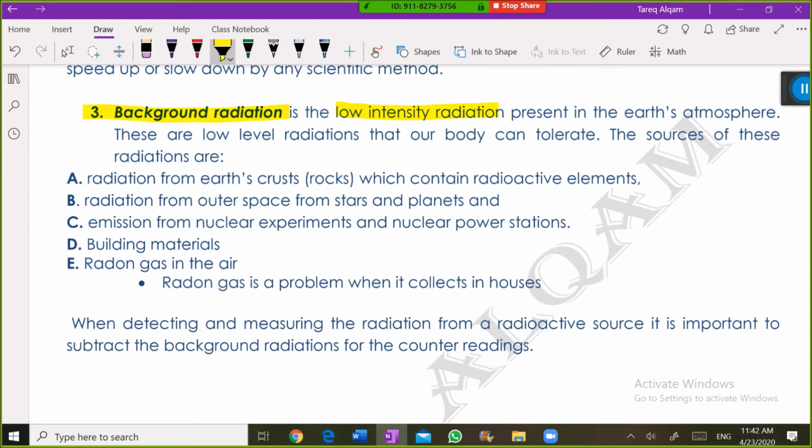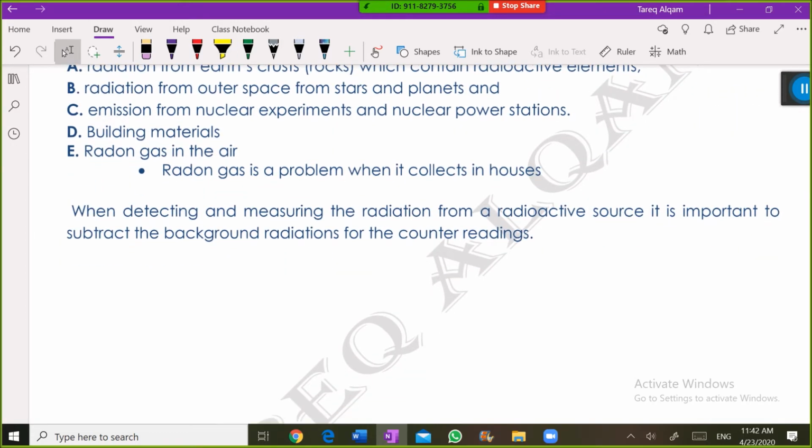Here we have some examples. Radiation emitted from Earth's crust, radiation from outer space, emission from nuclear experiments away from us, part of this radiation may also reach us. Building material and radon gas in air might also be sources of background radiation.